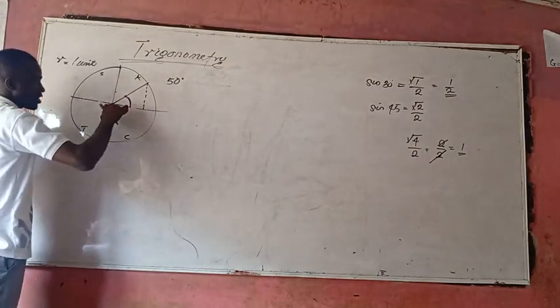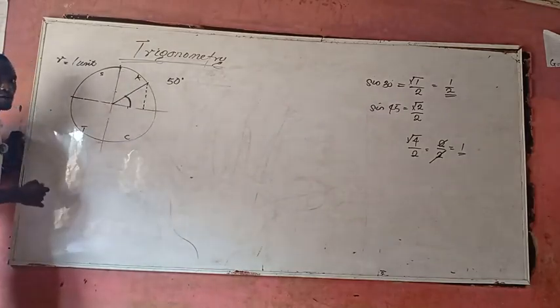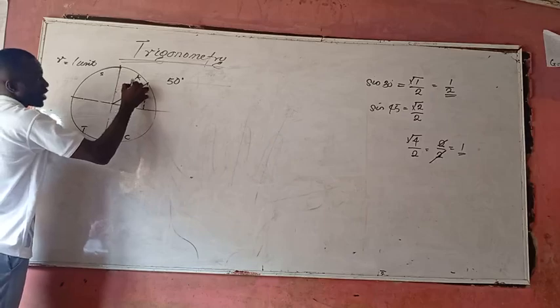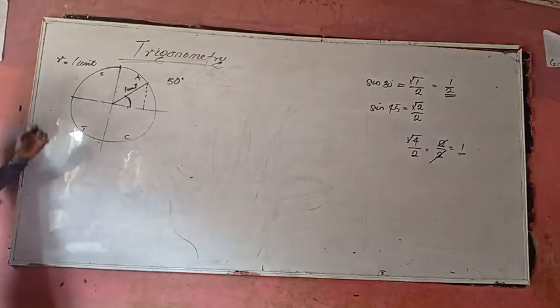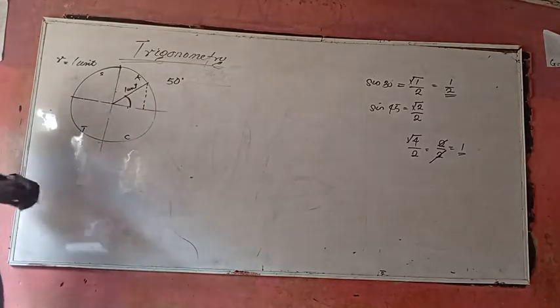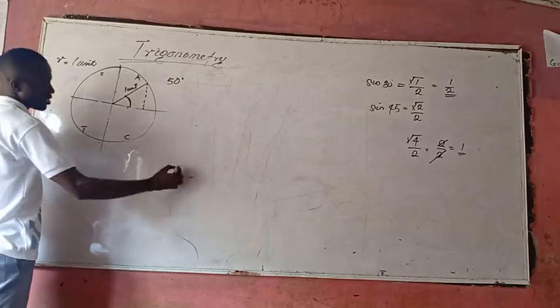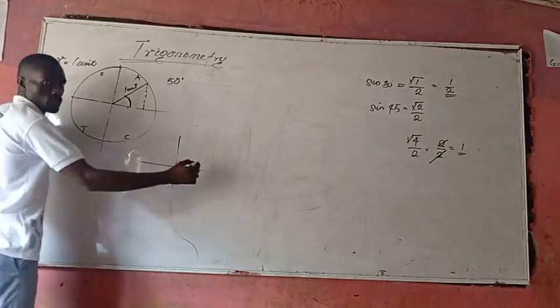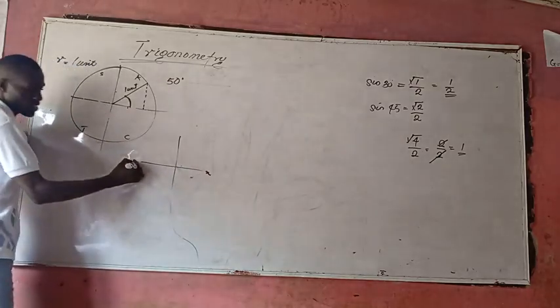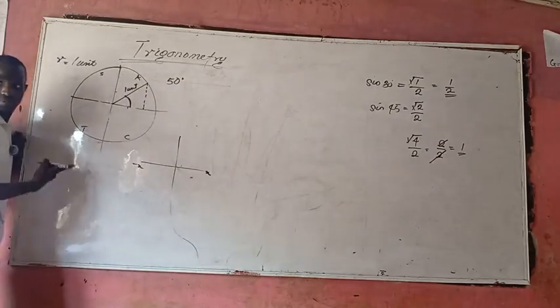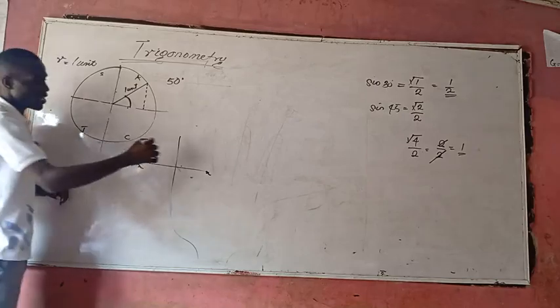Remember, what's the length from this place to this place? 1 unit. It could be centimeter, it could be meter. Now look here. In your Cartesian coordinates, do you remember that this is x and this one is y?